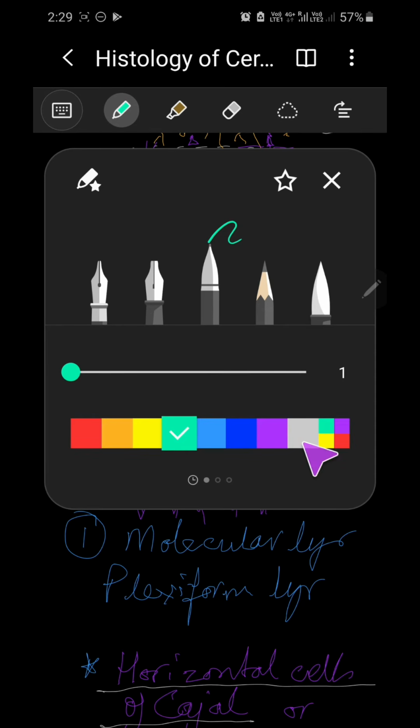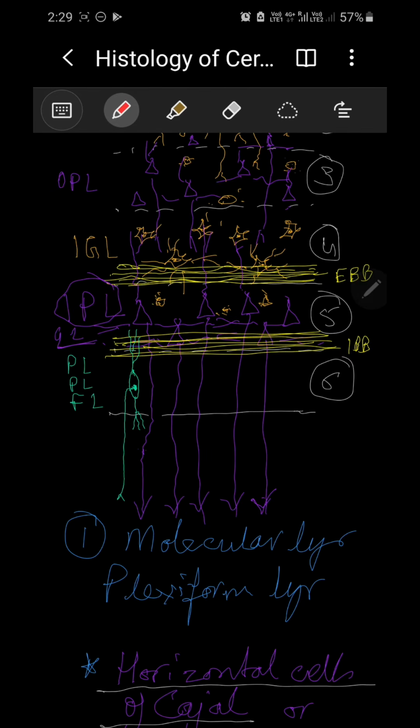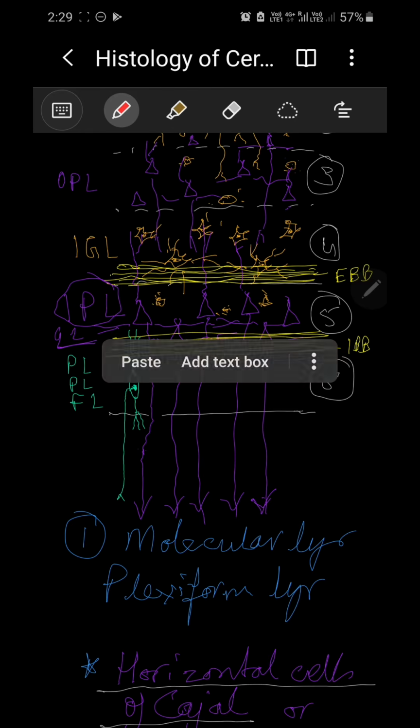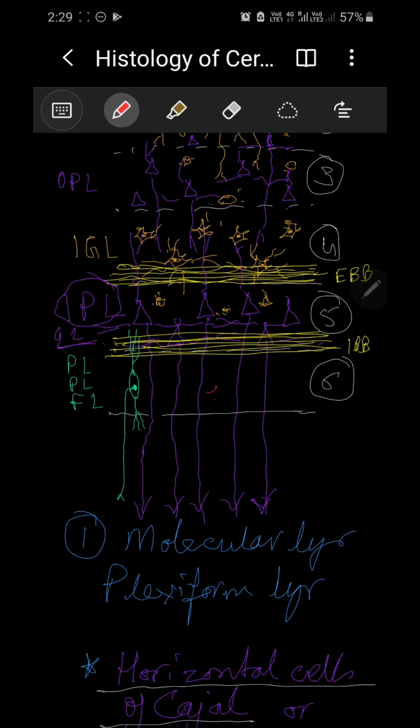Another very important cell you find here, what color should I use now? I think red. Let's start with the red. Now these cells are multipolar neurons, right? The peculiarity of these cells is that they are inverted neurons. Their axons run towards the periphery.